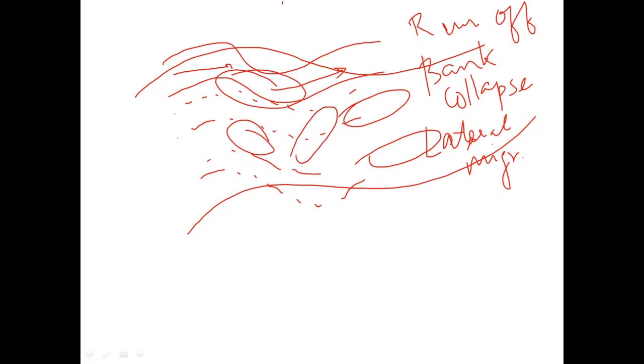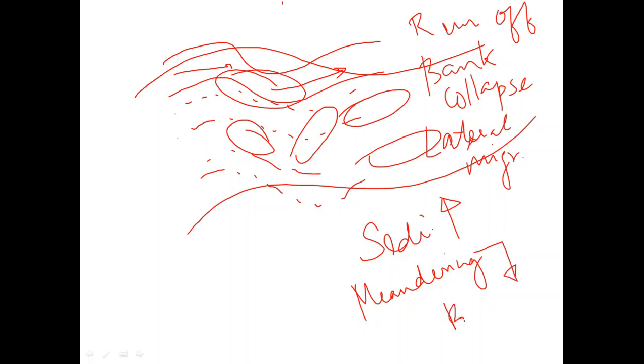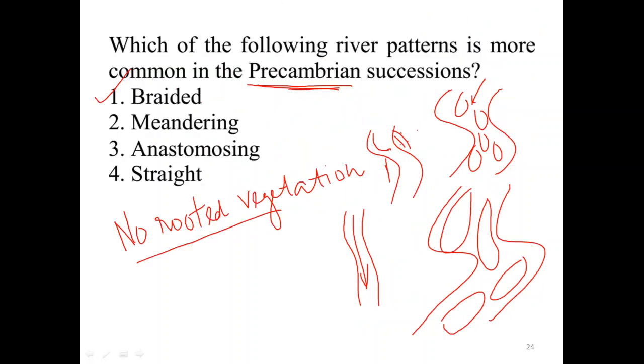We all know that when the sediment supply becomes higher, a meandering channel shifts to the braided pattern. So I hope you understood that due to the lack of rooted vegetation, which encourages the lateral migration of the channel very frequently, the most common river pattern in the Precambrian succession was the braided one.